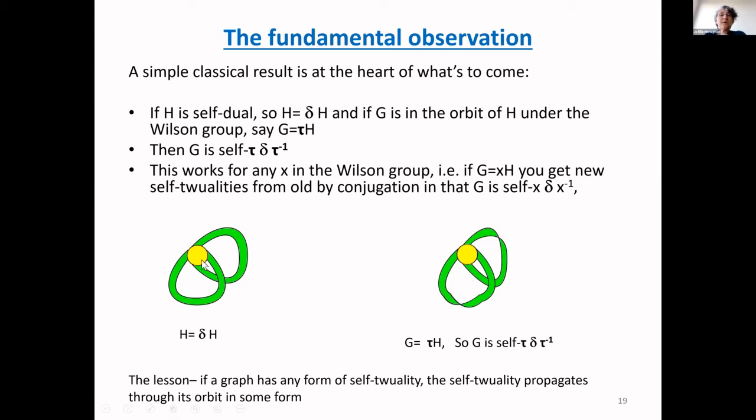So here is a graph that's self-dual. If you take the twist of it, this graph here, this graph is self, if I do twist delta, twist inverse to this, I'll get G back. So the lesson from this is that if a graph has any form of self-twuality, that self-twuality propagates through its orbit in some form.